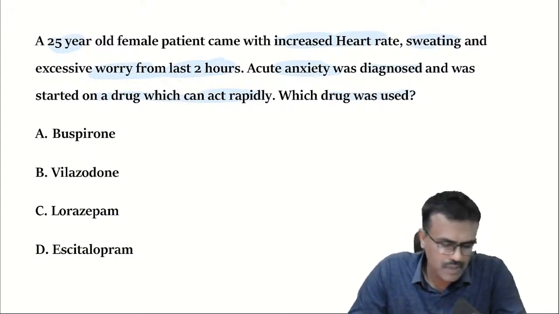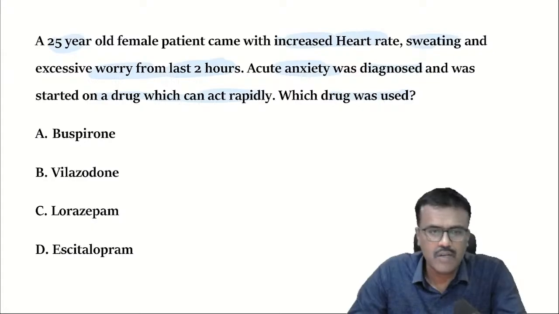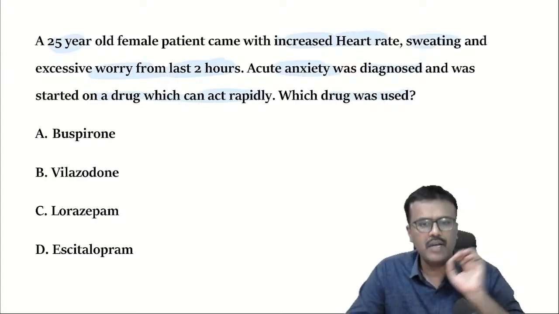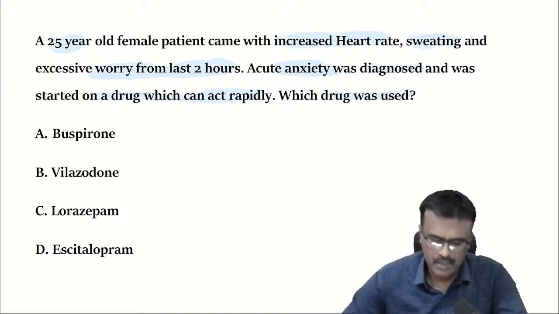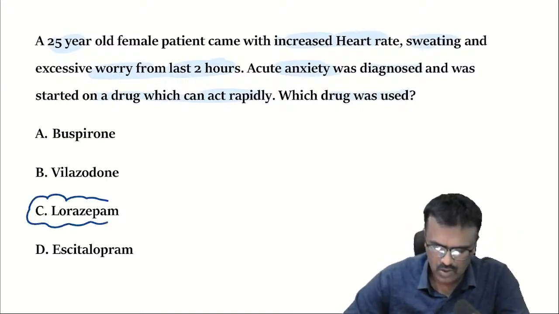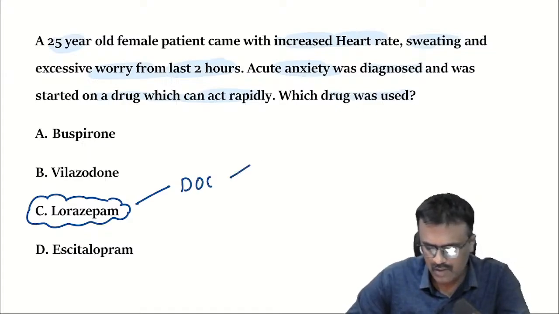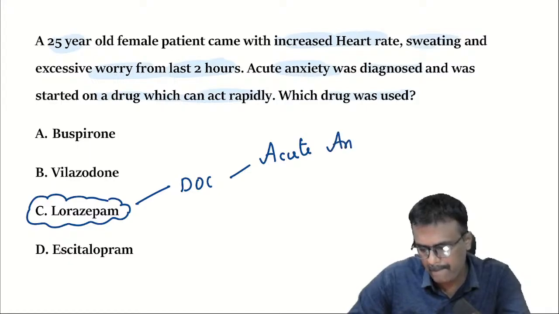So it's a case of acute anxiety. What drug will you use? For acute anxiety, the drug of choice are benzodiazepines, and the benzodiazepine here is lorazepam. Lorazepam is a drug of choice for acute anxiety.